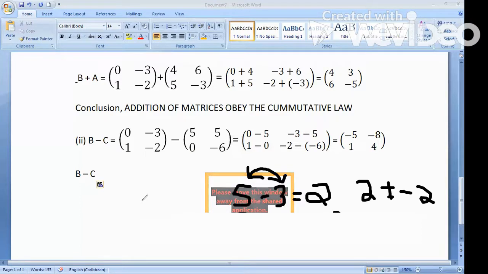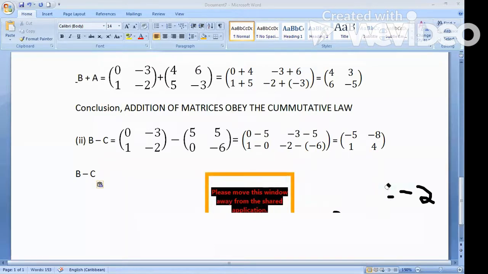You follow? So what is the conclusion about subtracting integers? They do not obey the commutative law. You follow? Yes, sir. Right. They disobey. All right, so that's what we're actually investigating here.